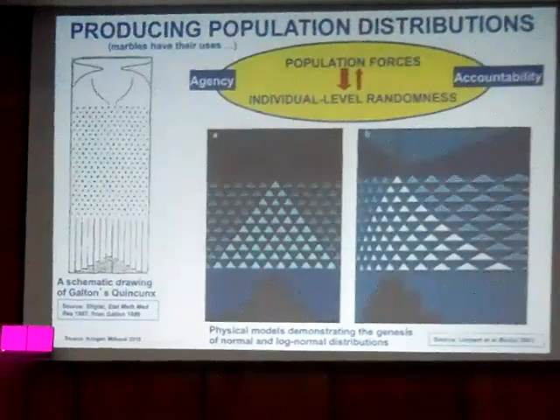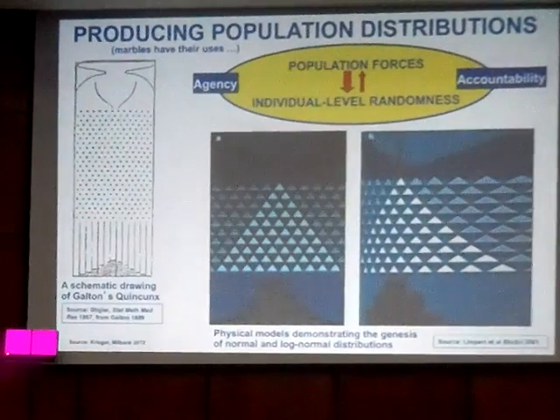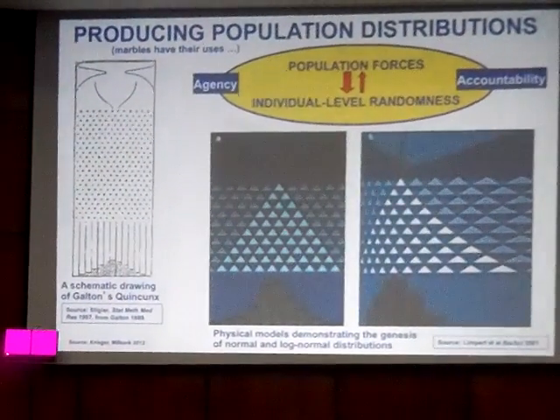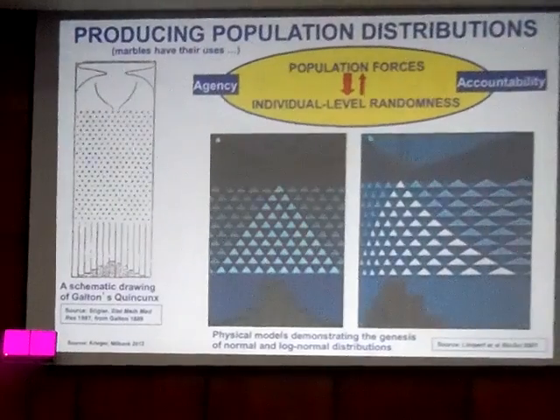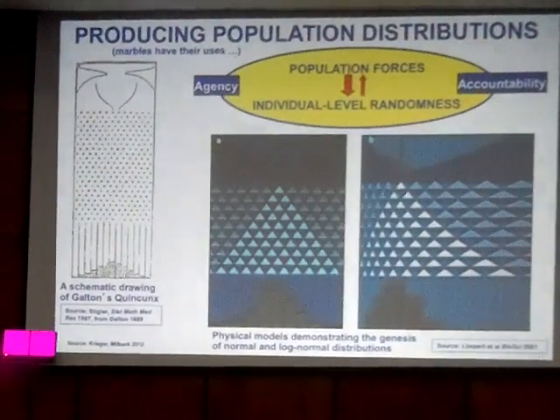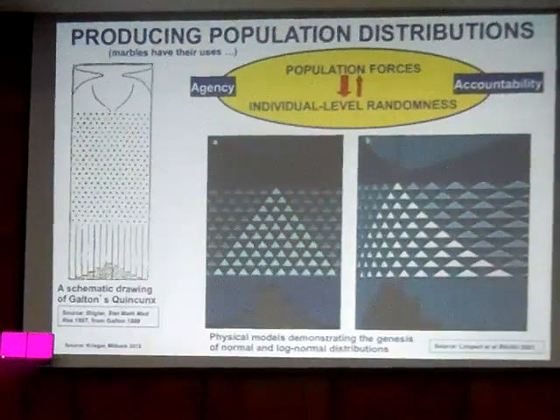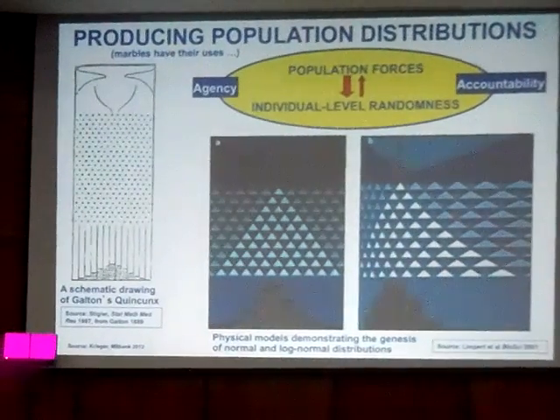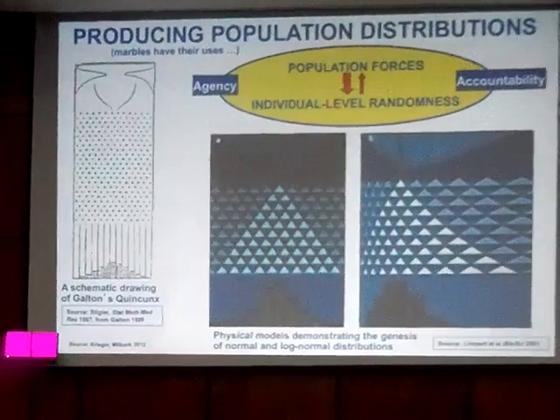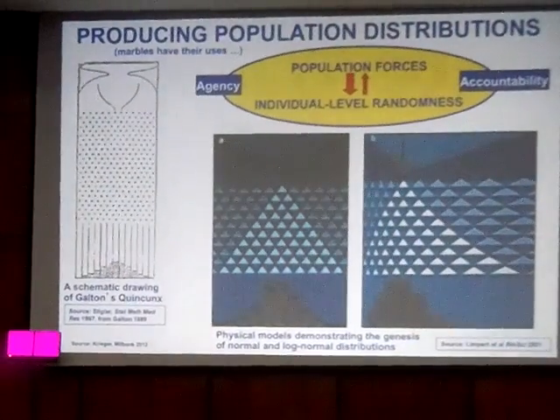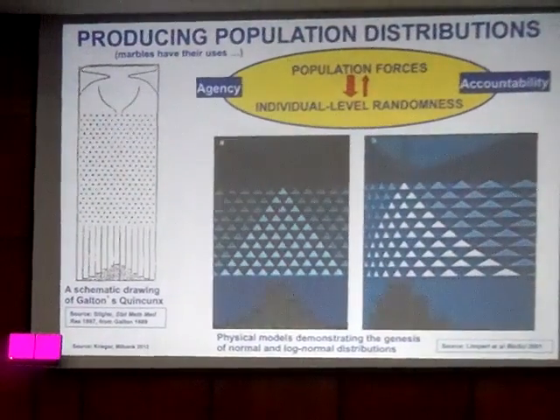The figure shown is that of the quincunx, designed in 1889 by Sir Francis Galton, who famously coined the term eugenics and who also invented the correlation coefficient in his quest to prove that population distributions, including of intelligence, were a product of heredity, not environment.